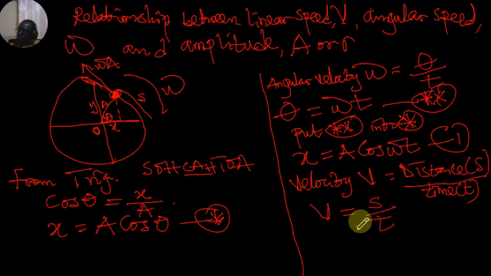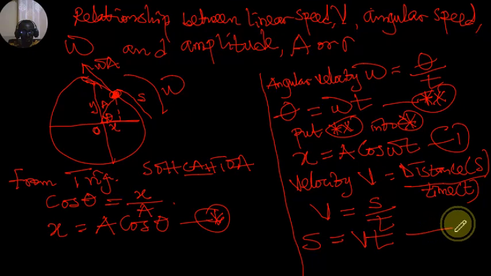So from this point I can decide to make distance the subject of formula. Distance becomes velocity times time. Is that clear? Keep that as one of the equations, also call that equation 2. Next page. So we've got equation 2.